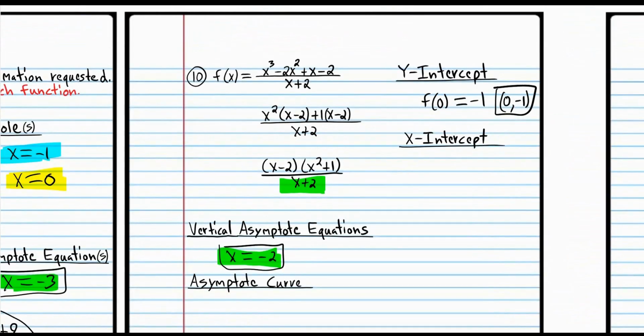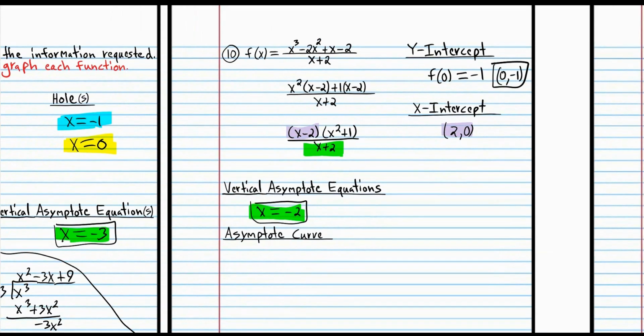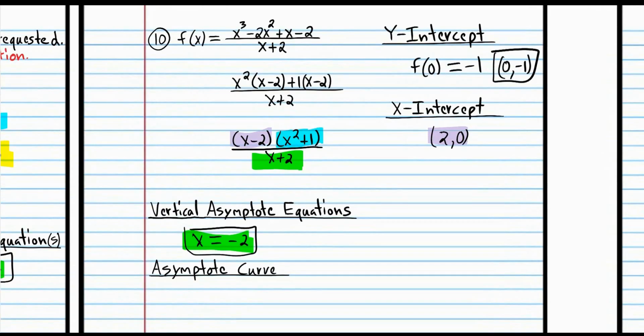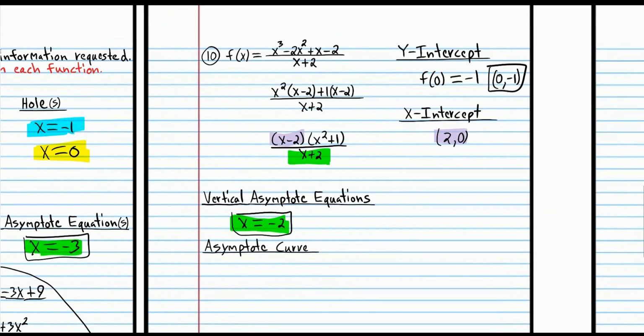If x is equal to 2, then we have an x-intercept. That makes the fraction 0. So I got that from there. And the other factor doesn't really lead to anything because there's no number you can plug in for x that would make this blue factor 0 unless you want to use imaginary numbers. And imaginary numbers cannot be x-intercepts.